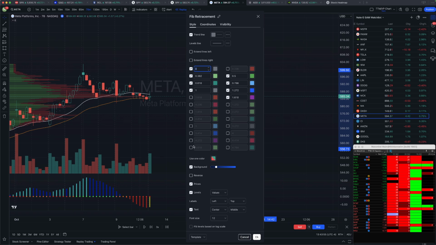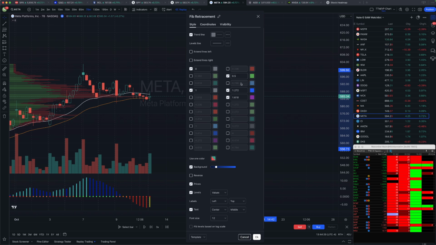I have all of these extra ones turned off. And in fact, if you're just wanting to use this for extensions, you can turn off everything but the 0 and the 1 here on the left-hand side. You don't need these other ones in here, the 382 and the 618. And then you probably want a 50%.